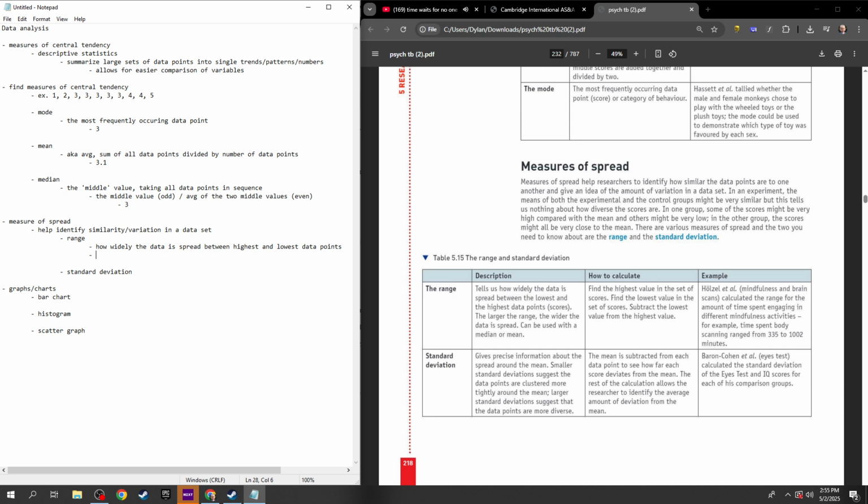And then how to calculate it, you take the highest value in the set of scores and the lowest value and subtract the lowest value from the highest value.